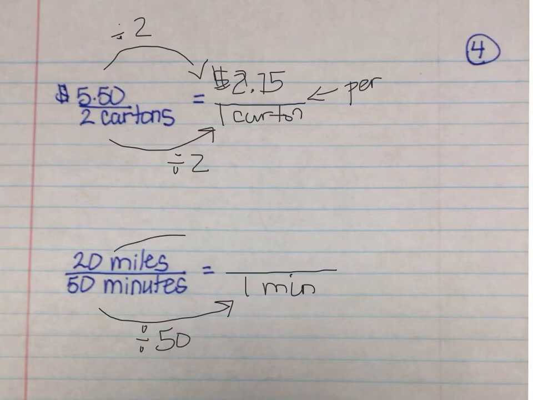So we had to do the same thing up here. Divided by 50. And when you take 20 divided by 50, you get 0.4 miles per minute. Okay, so those are the unit rates. Okay, remember a unit is 1.